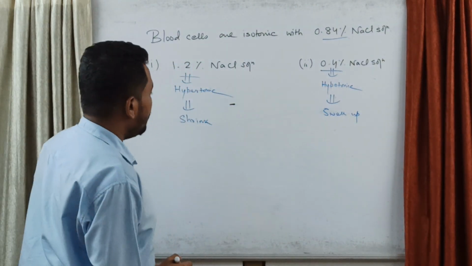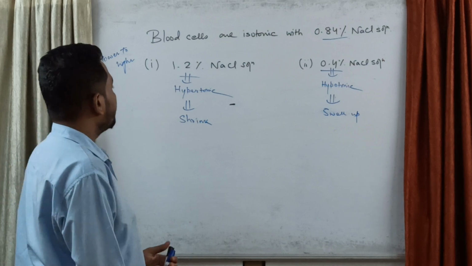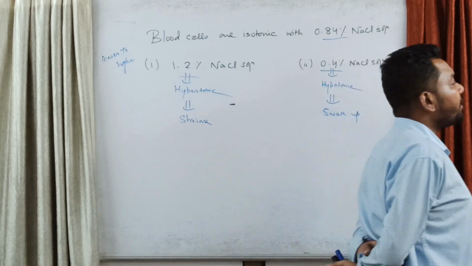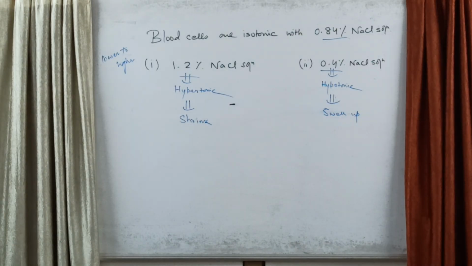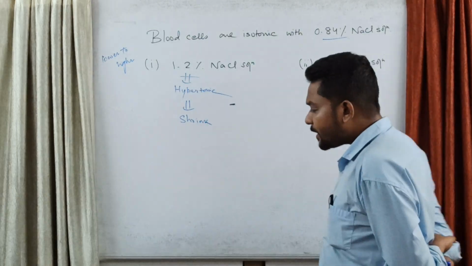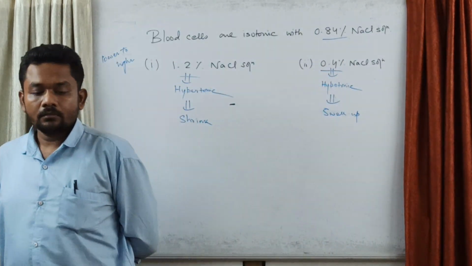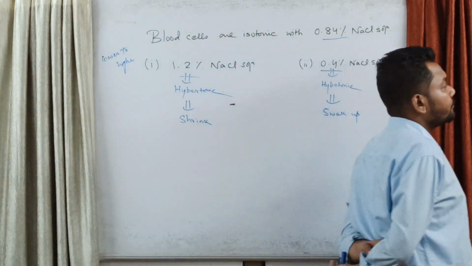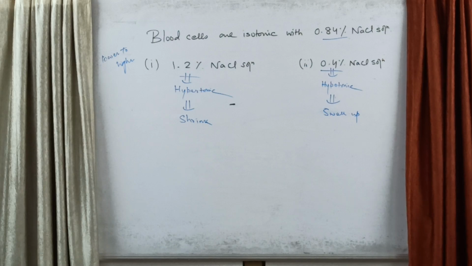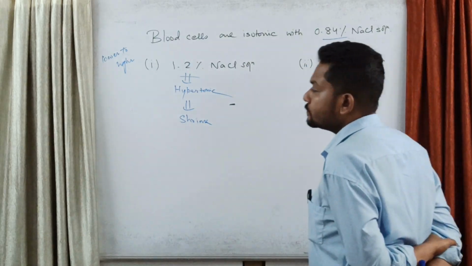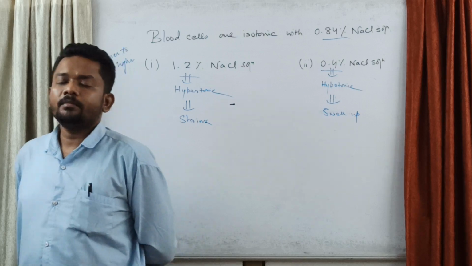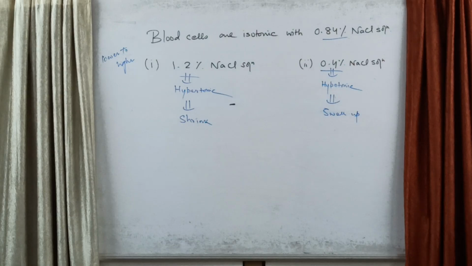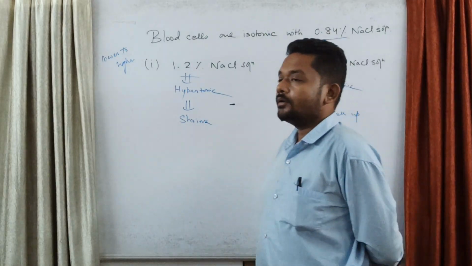1.2% NaCl solution is hypertonic with respect to 0.84% NaCl solution, which is isotonic with blood cell osmotic pressure.